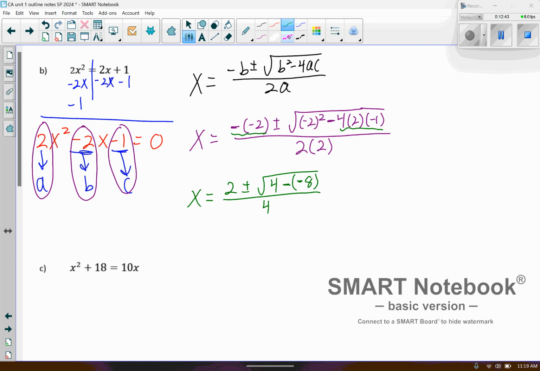Here I have double negatives, so I'm going to end up adding 8 right here. So it's going to become 2 plus or minus the square root of 12, all over 4.